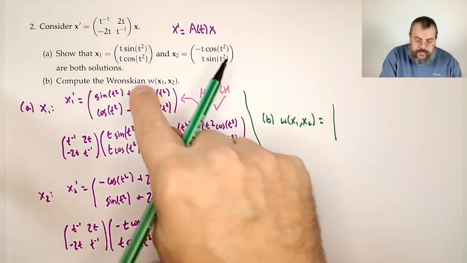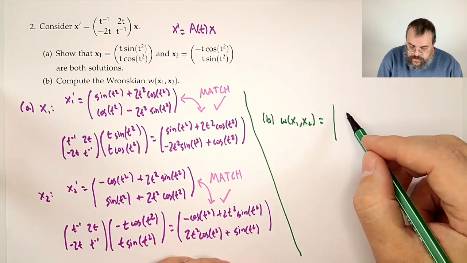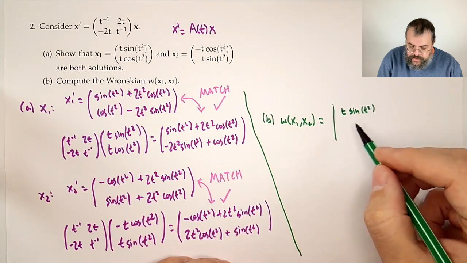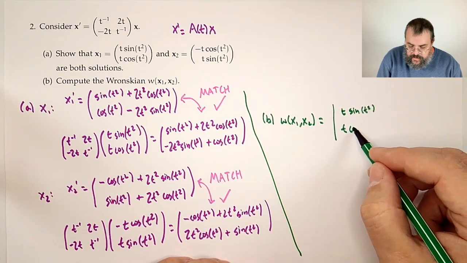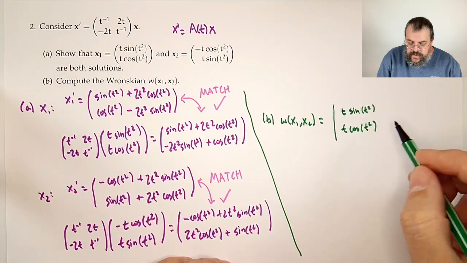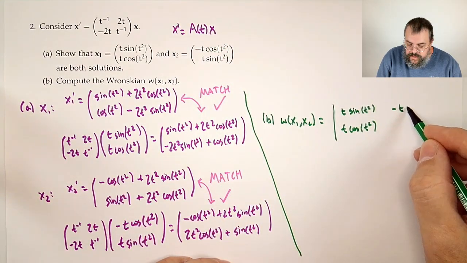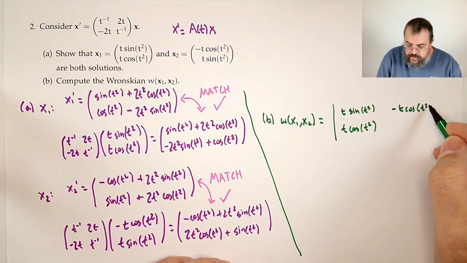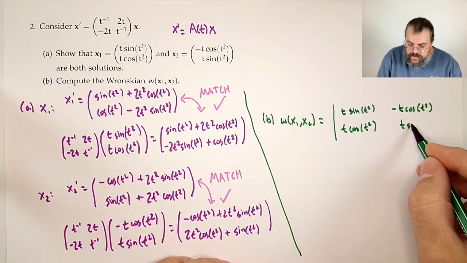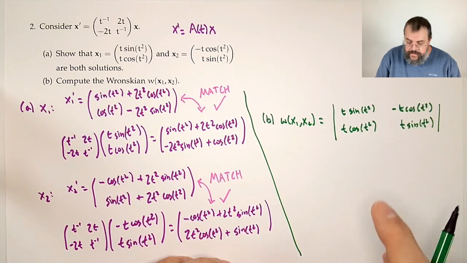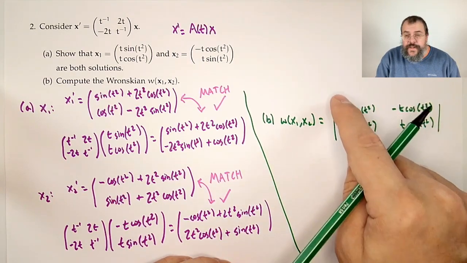The first column is x1, so we'll have t sine of t squared, t cosine t squared. The second column is x2, minus t cosine t squared and positive t sine of t squared. All right, so take the determinant.